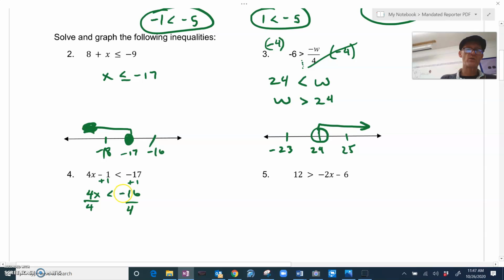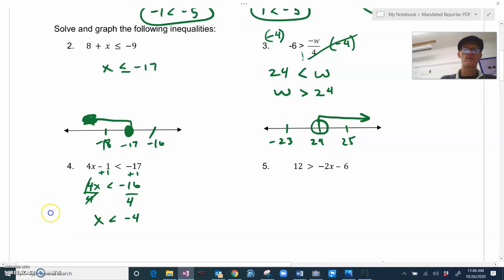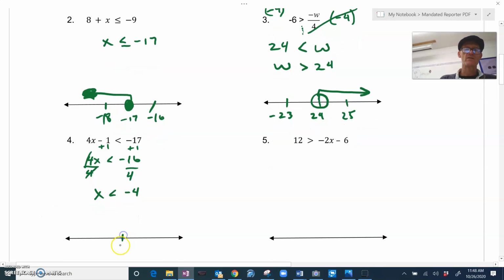And even though it's negative, you're not going to flip it, because this 4 that you divided by was positive. X less than -4 is the inequality. This is -4, this is -3, and this is -5. And I'm going to circle -4 and shade to the left.